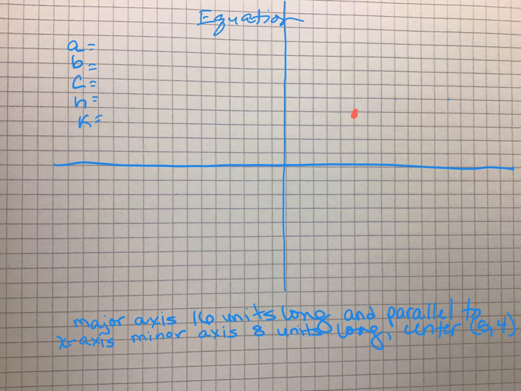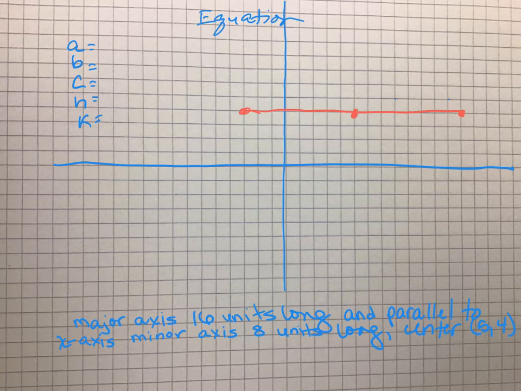Now, if the major axis is 16 long and it's parallel to the x-axis, I'm going to go 8 to the right, 1, 2, 3, 4, 5, 6, 7, 8, and 8 to the left. Everybody see that? That's your major axis. If you count all those blocks, that's 16 blocks long. I'm going to draw a line between those.